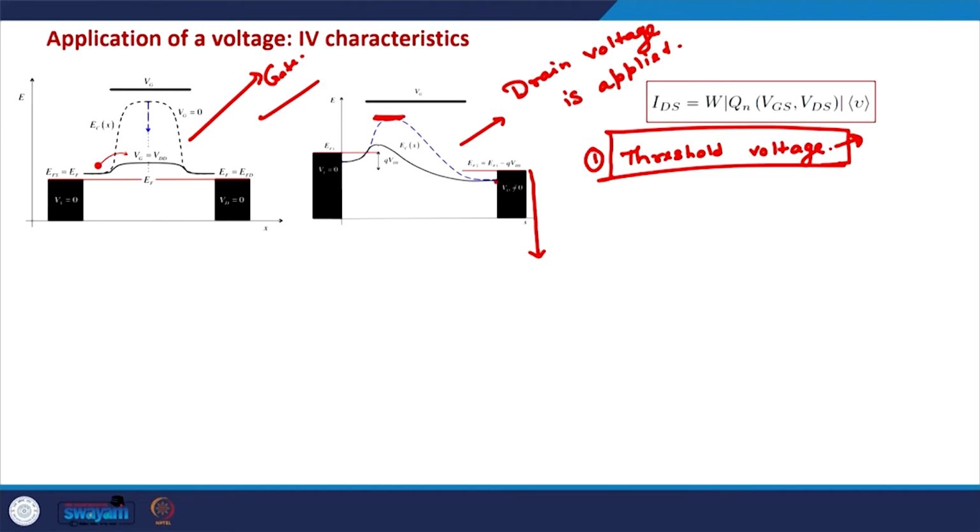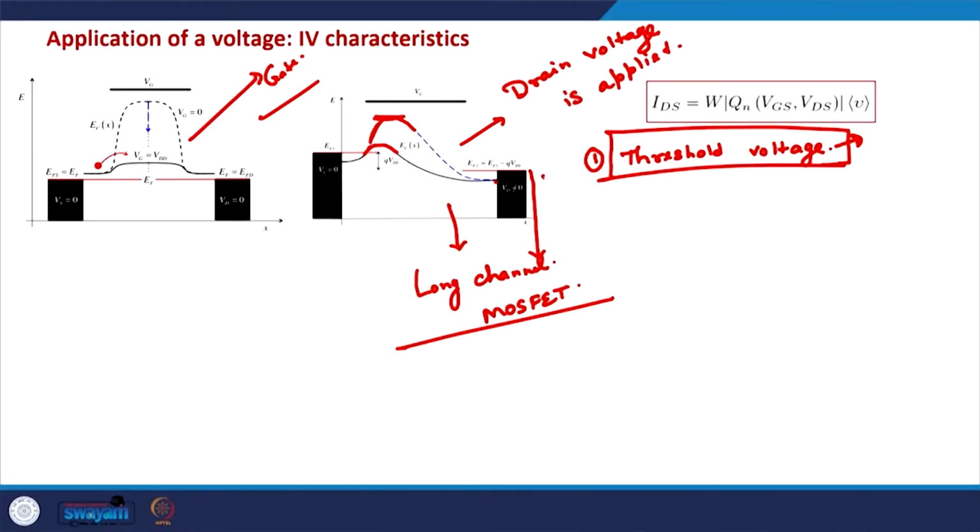And if we apply a gate voltage, so this is when the gate voltage is 0, this is when the gate voltage is positive. So this is the case in long channel MOSFETs. In long channel MOSFETs, the application of drain voltage does not change the barrier height in the channel.